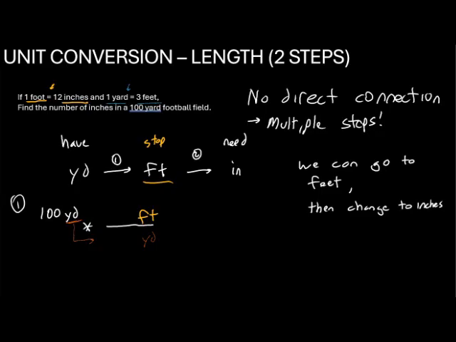The first piece of information we must use now is a piece of information that tells us how to go from feet to yards. So let's check our problem statement for a piece of information that will allow us to change from feet to yards. The second unit conversion statement tells us that 1 yard is 3 feet.